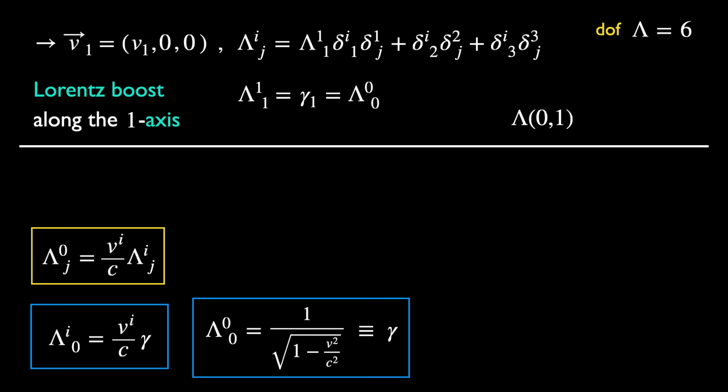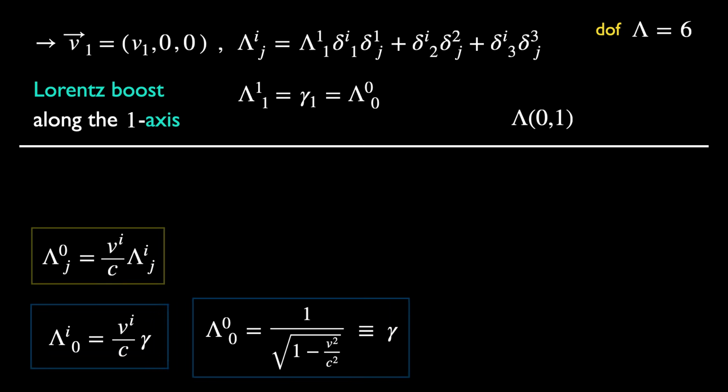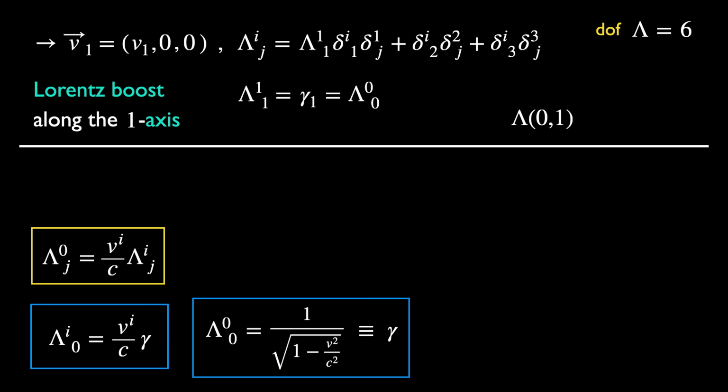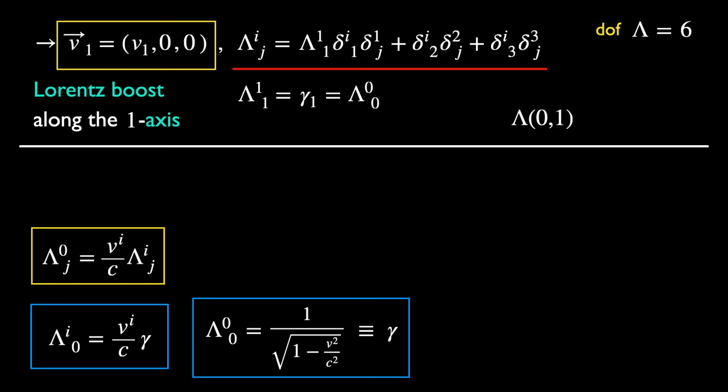Note that our earlier results below are general and must hold for any Lorentz transformation connected to the identity, while v and this form for lambda ij is specific to the boost along the first axis.